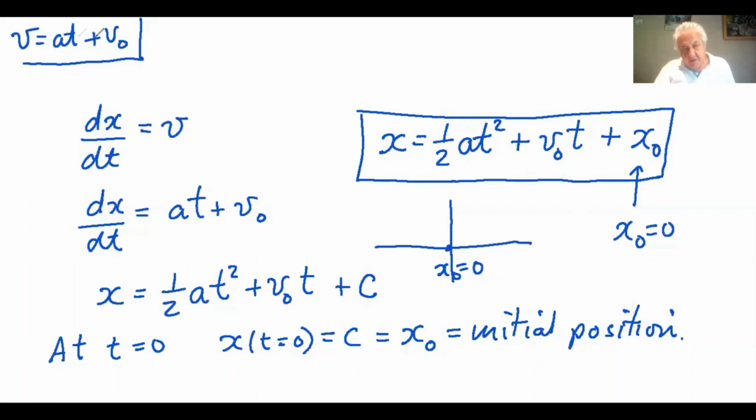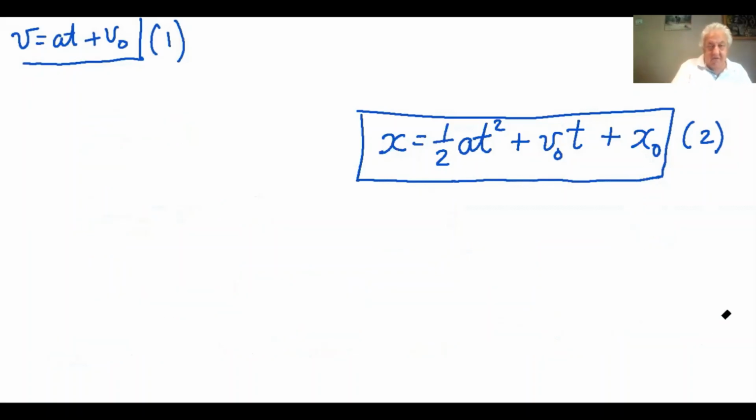Okay then, so this is one of my formulas. This is formula 1. And this is formula 2. And as I say, if we eliminate time between these two formulas, then I get my third constant acceleration formula, which I'll write down for you. So my third formula is 2ax equals vf squared minus, well actually I'll call this v naught.